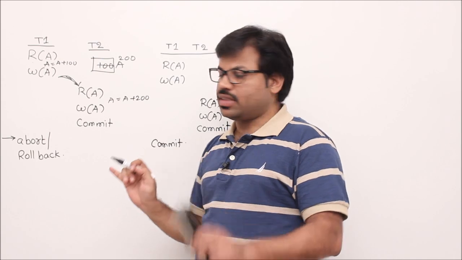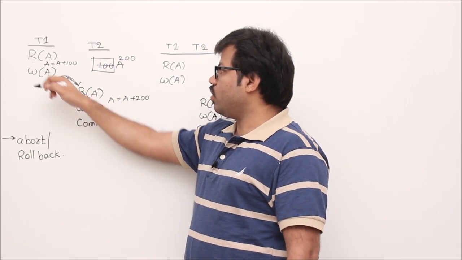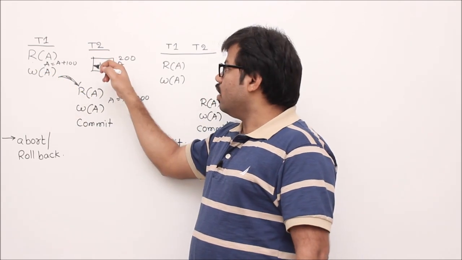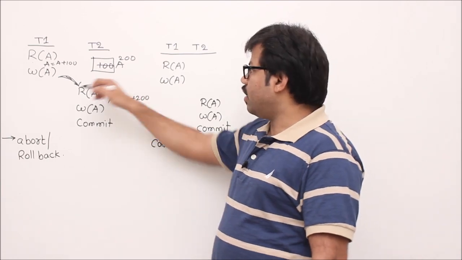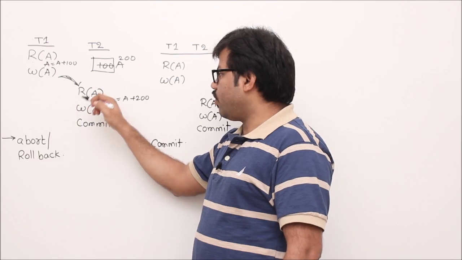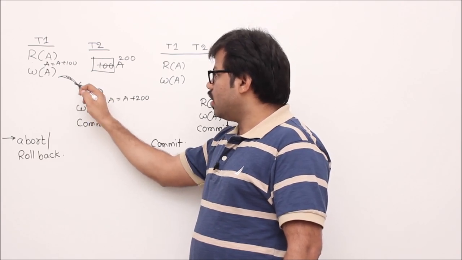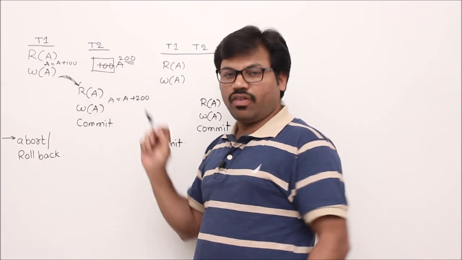Assume for simplicity that your database updates immediately whenever you do some updation. So your database is getting updated, and A will become 200. Now after that you see read of A, write of A. This read of A is going to see the updated value, that is our assumption.